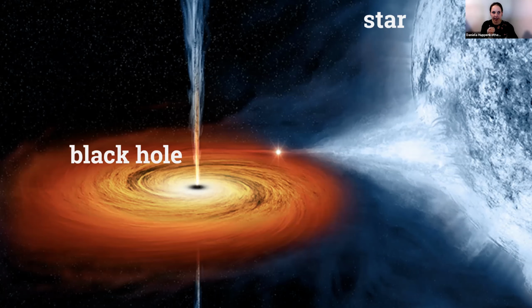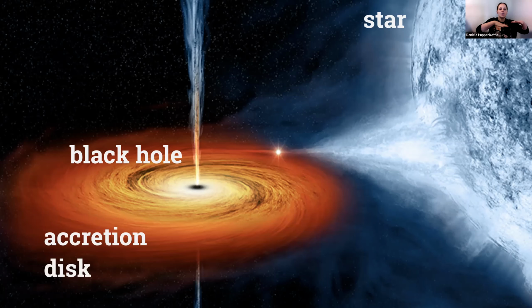Because of angular momentum, it cannot simply fall into the black hole. And so what happens is it settles into this disk and slowly spirals inward. We call this an accretion disk, and we call the whole process of matter falling into a black hole accretion.